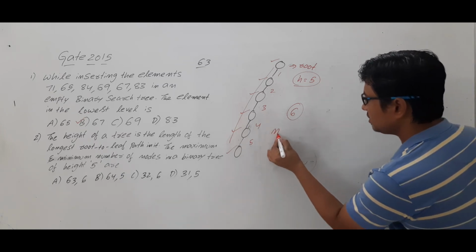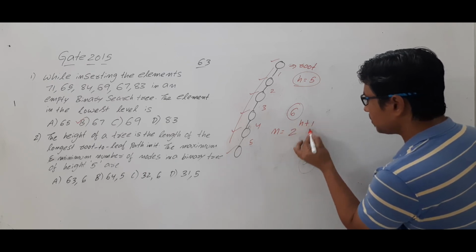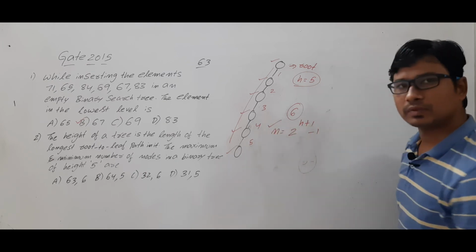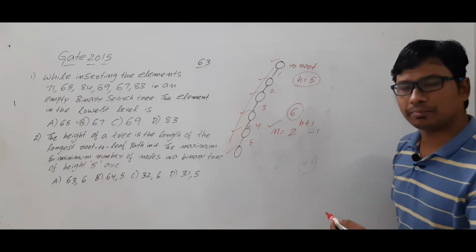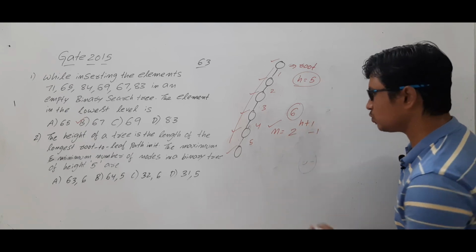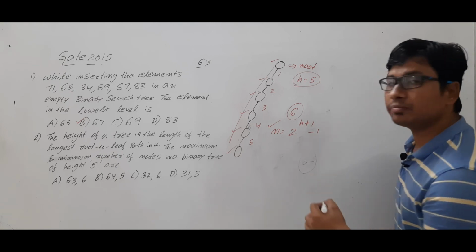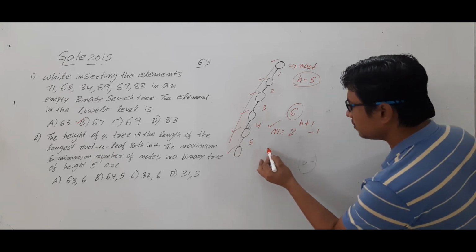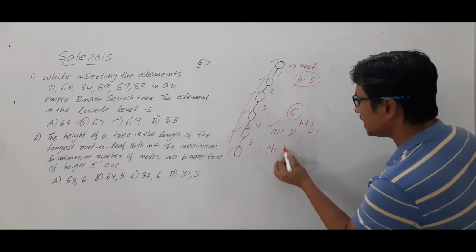So if you have a height h, the maximum number of nodes possible in a binary tree is equal to 2 power h plus 1 minus 1. And if height h is there, what is the minimum number of nodes possible? The minimum number, let me write it as capital N, is equal to h plus 1.